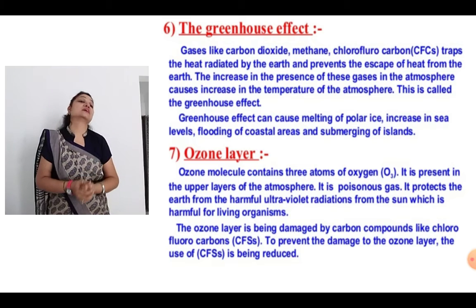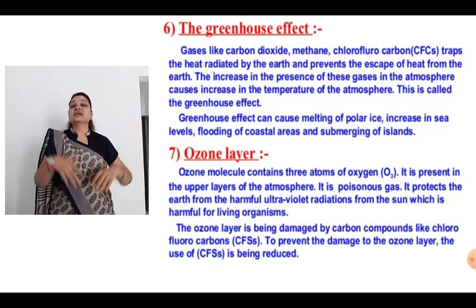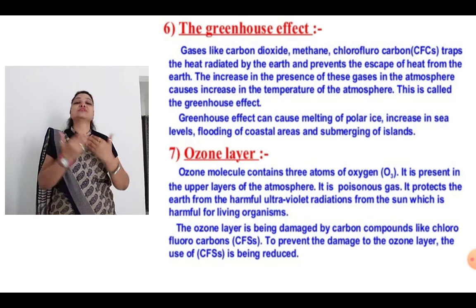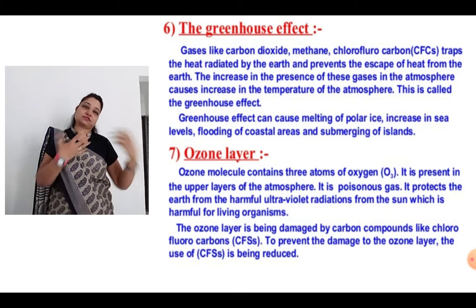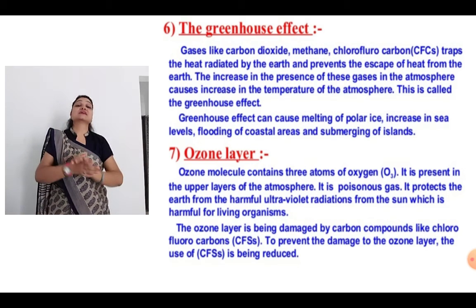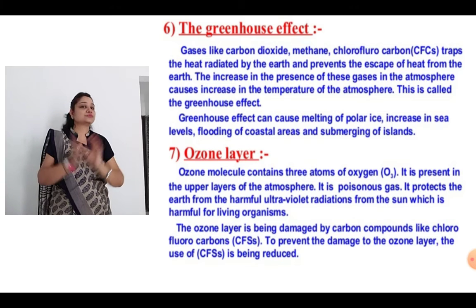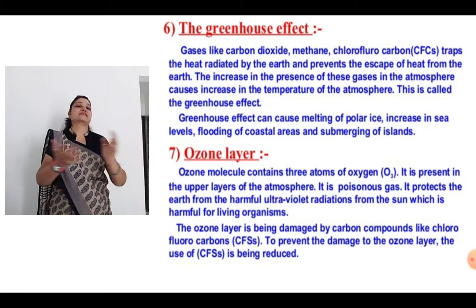The earth starts heating up, and this is called the greenhouse effect. And what are the effects of the greenhouse effect? Because of this heating, it can cause melting of polar ice, increase in sea levels, flooding of coastal areas. These all, students, you must have studied in 8th, right, or 7th.